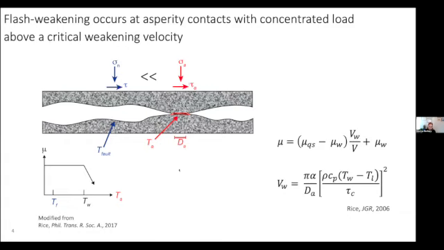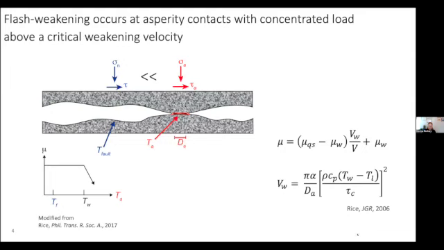Once slip initiates, you get high temperature increases at those asperity contacts. As that temperature increases, eventually you pass a breakdown or weakening temperature. Above this breakdown temperature, that contact strength is going to begin to thermally degrade.